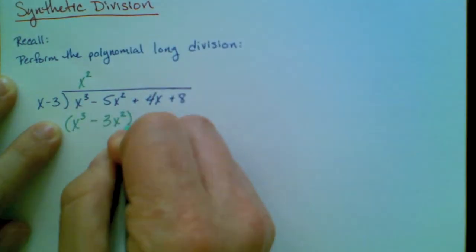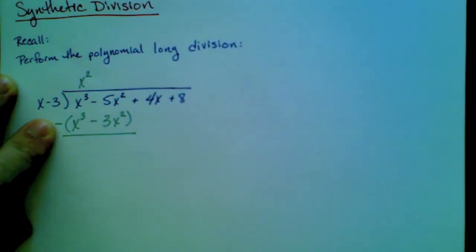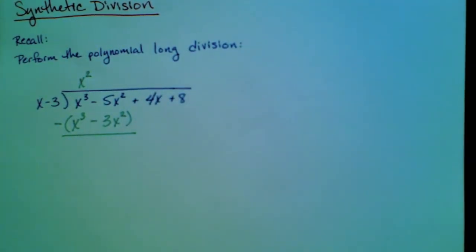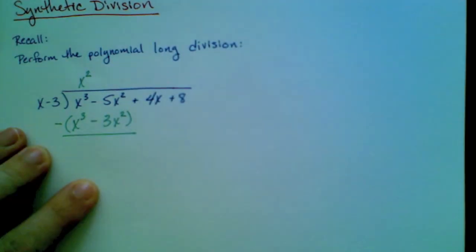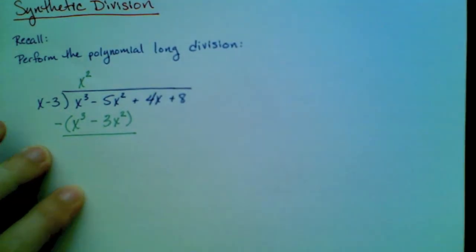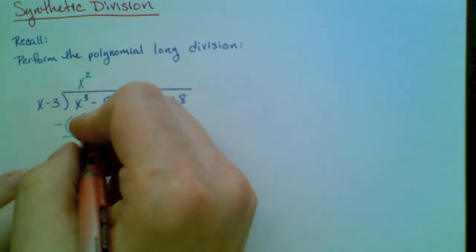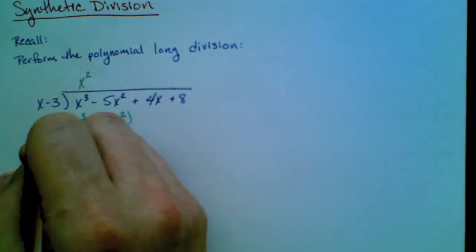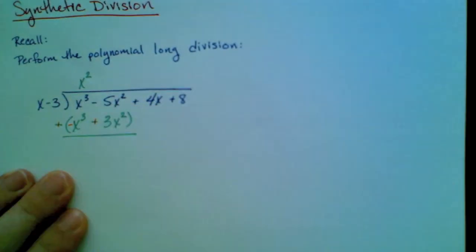Now I'm going to subtract. You may also want to notice how similar this is to arithmetic long division, where we multiply and subtract. I do want to distribute this negative, so that's where it differs from arithmetic long division. When I distribute this negative, everything in here is going to change sign.